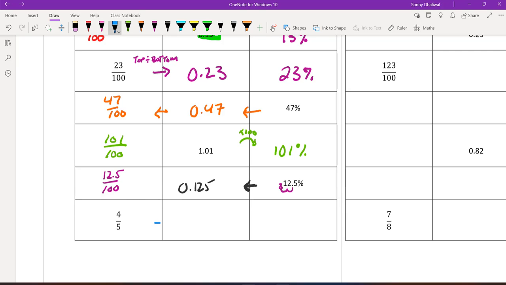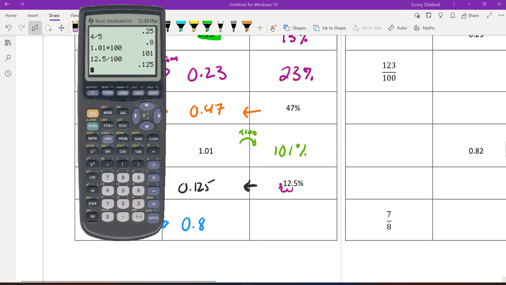Last one. What is that as a decimal? Use your calculator. How do we do it? What numbers are we dividing? It is 0.8. We go 4 divided by 5 on our calculator. 0.8. And 80%.